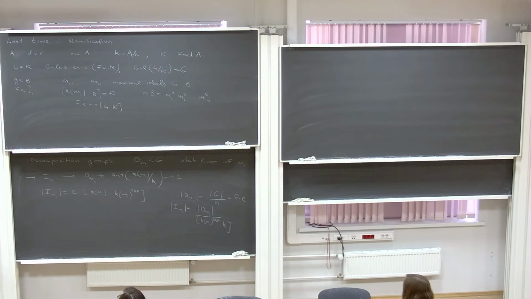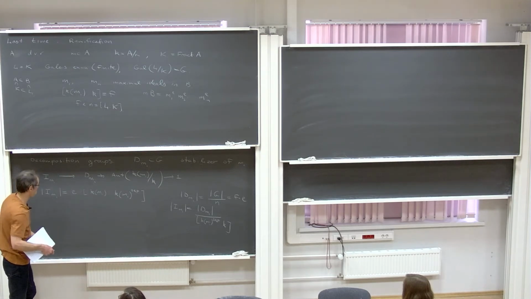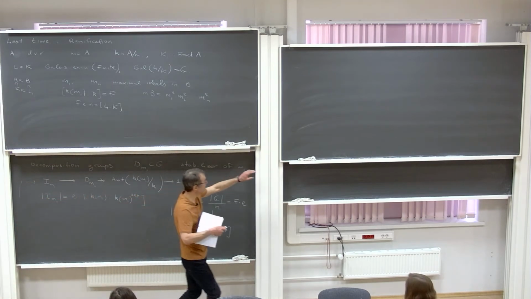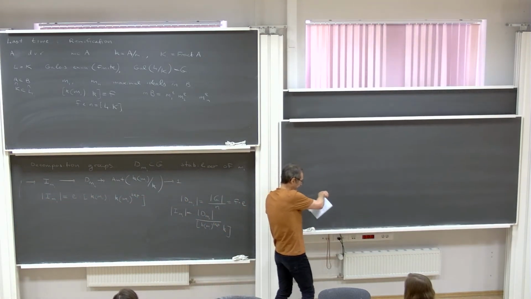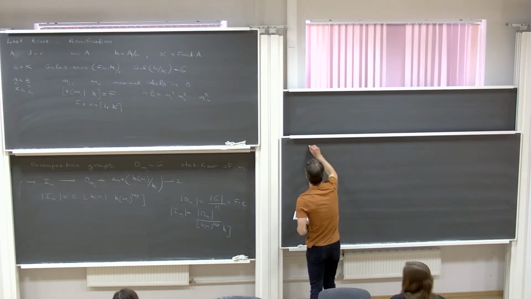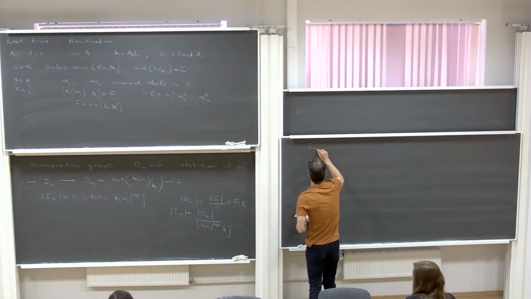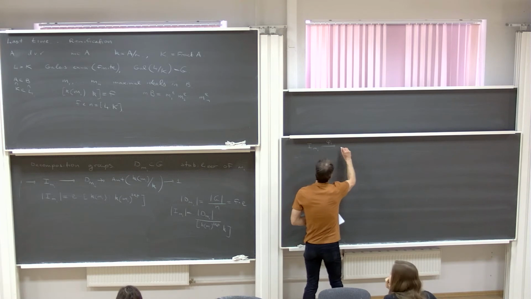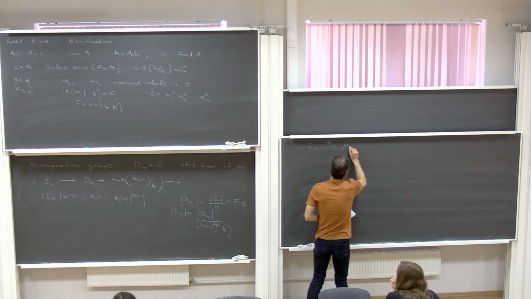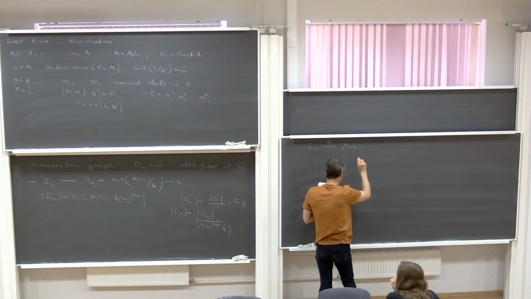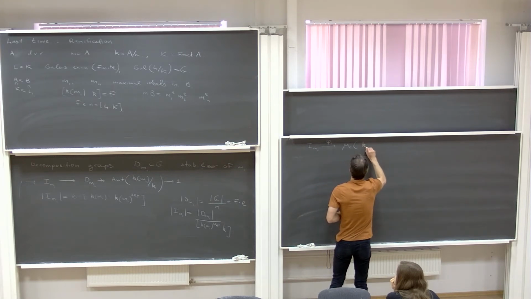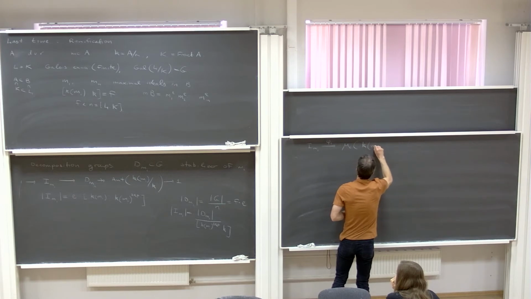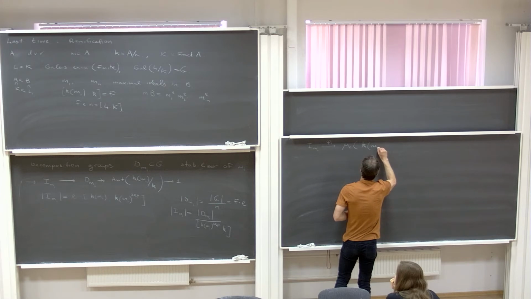And then we studied the inertia group. Maybe I'll write it here. So we defined a homomorphism from the inertia group, we call it phi, to the group of eth roots of unity in k of Mi.